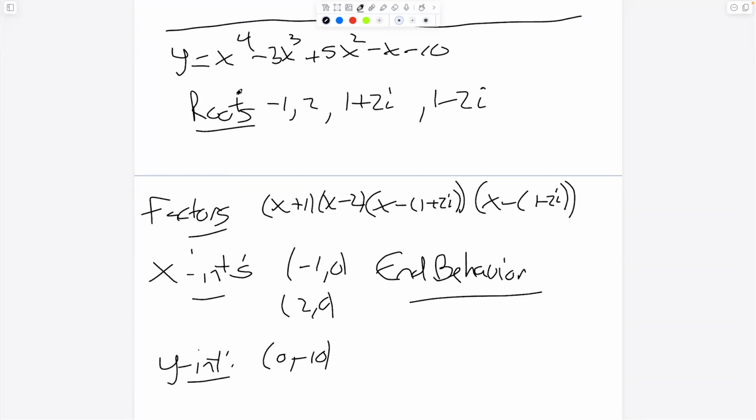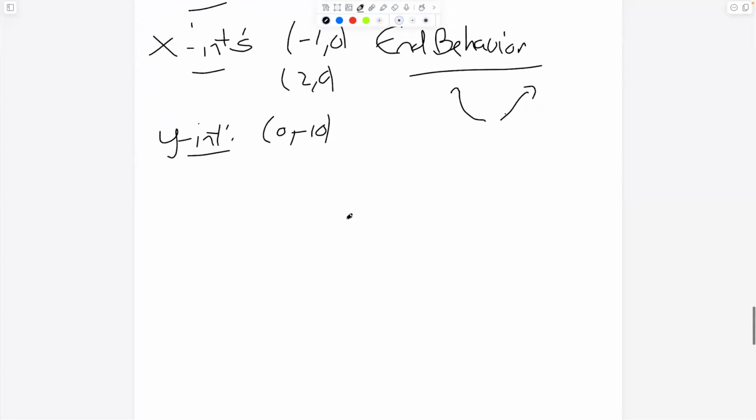We know our end behavior. Fourth degree polynomial, so the arms have to go the same direction, either both up or both down. My leading coefficient is positive, which means the right arm goes up. Even degree, the arms go the same way, meaning now the left arm must also go up. So I can quickly sketch this guy's graph.